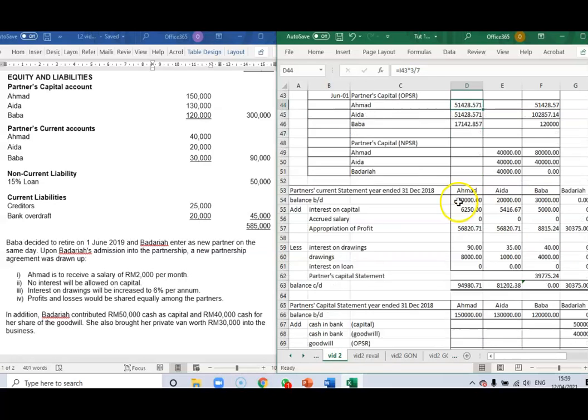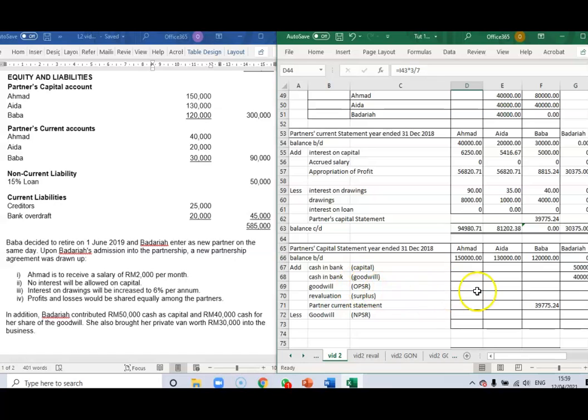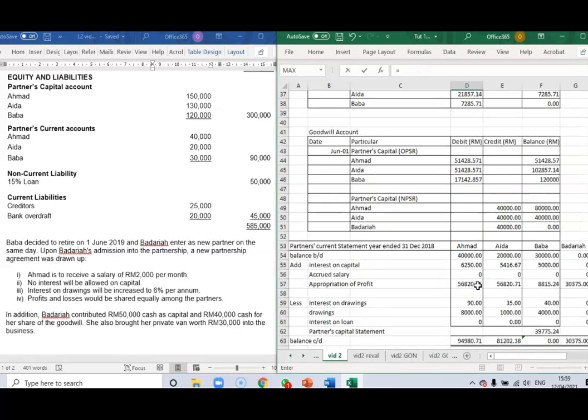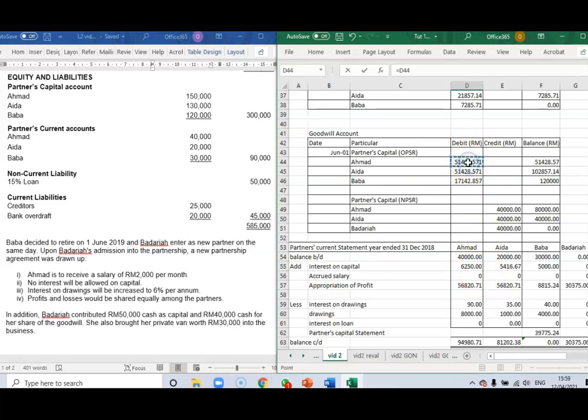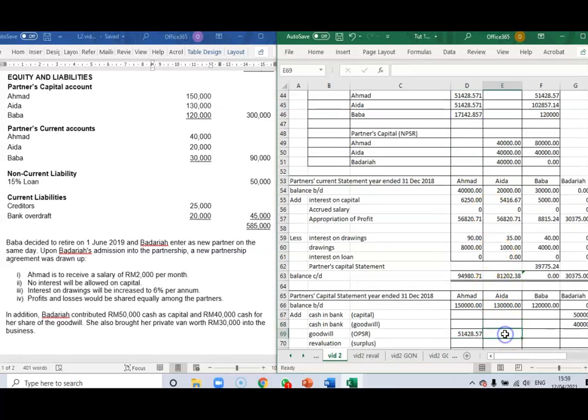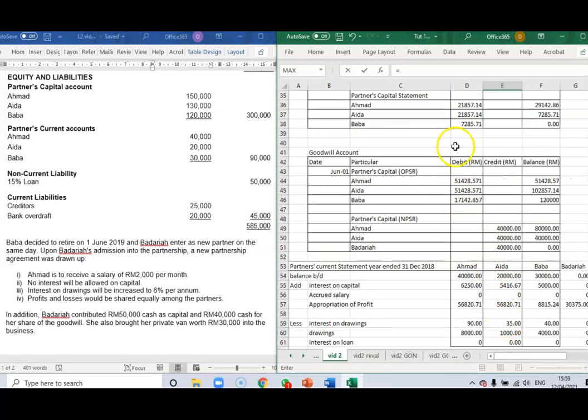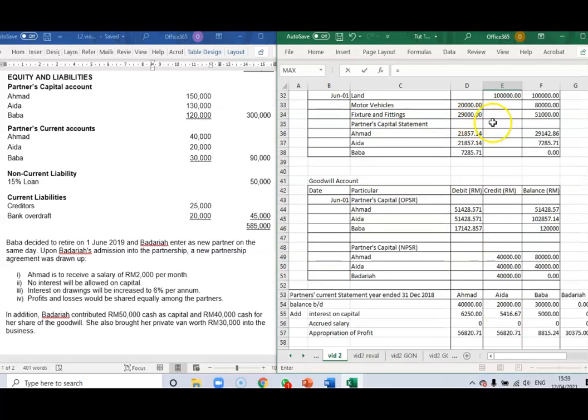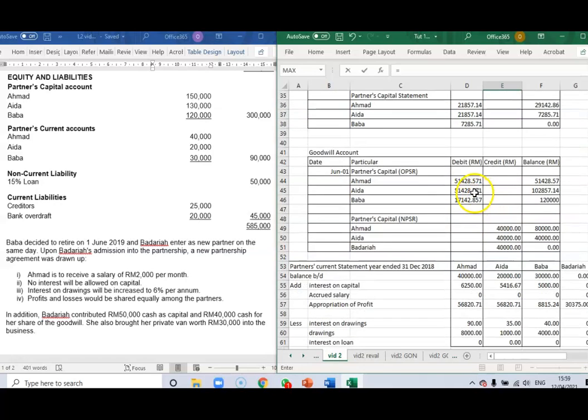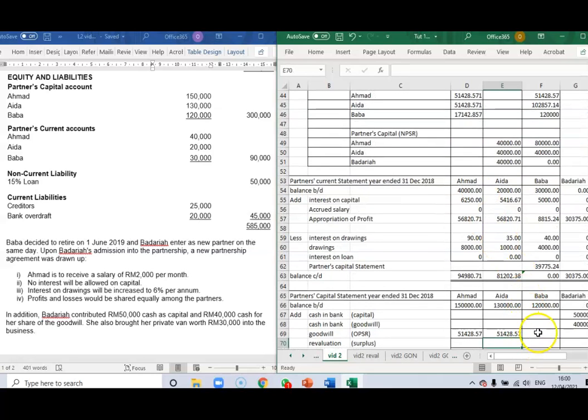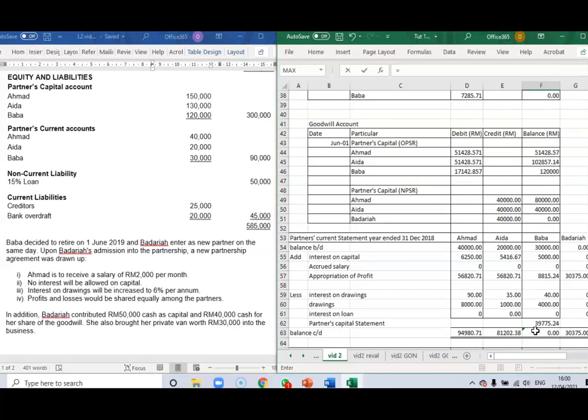Okay, so Goodwill with the old profit sharing ratio: Ahmad, and also Ida, and Baba.